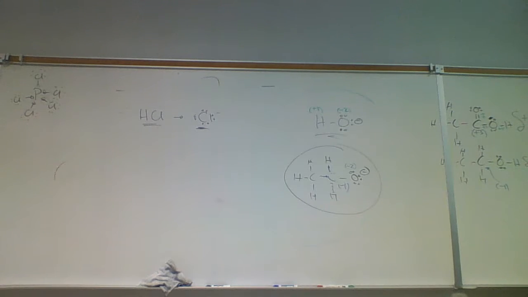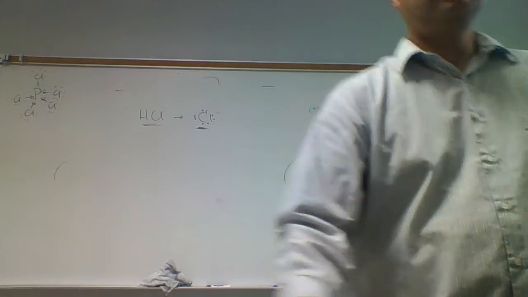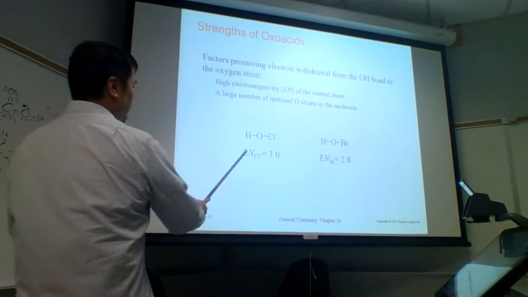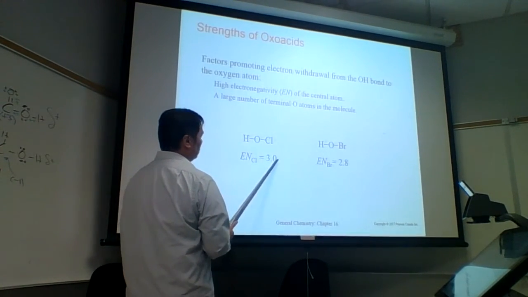But we can also look at other types of delocalization. Here, let's compare HOCl with HOBr. Here, again, the HO bond is the same in terms of energy. And so since they're the same in terms of energy, then we look at polarity. Is there a difference in polarity? Yeah. Chlorine's electronegativity is 3.0.